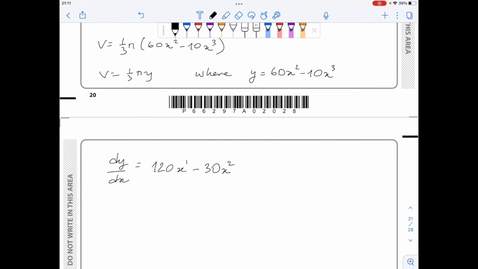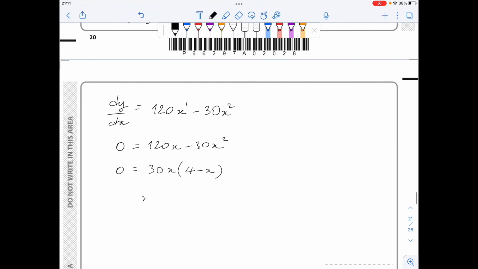And to find the maximum, I will set dy/dx equal to 0. So 0 equals 120x minus 30x squared. Let's factorize this. 30x times 4 minus x, hence x is equal to 0 or x is equal to 4.